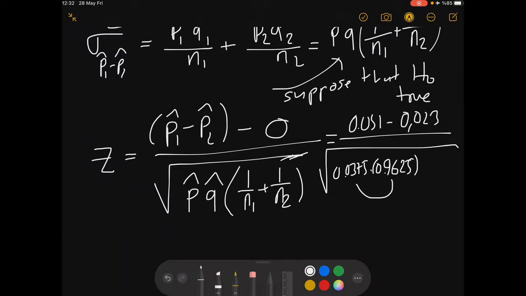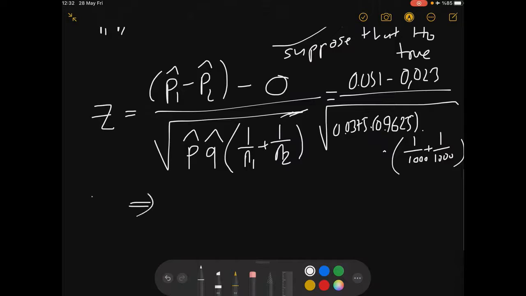Look at this. This is the complement of this one, right? That's it. And times what you have here is 1 over 1000 plus 1 over 1000, which is 2 over 1000.